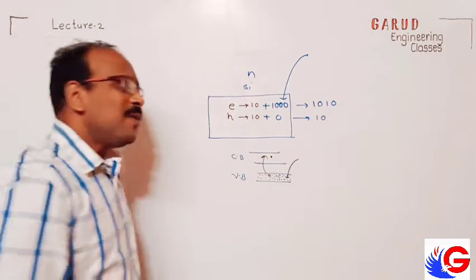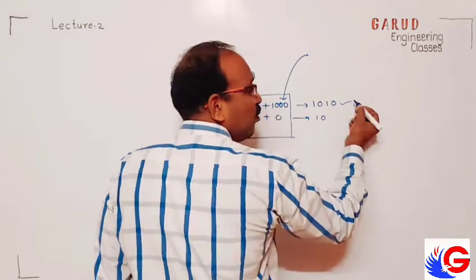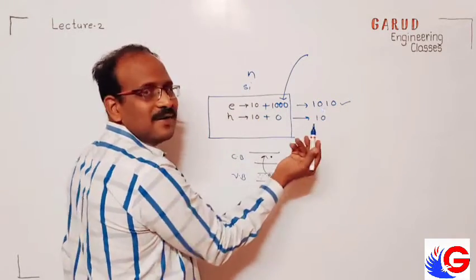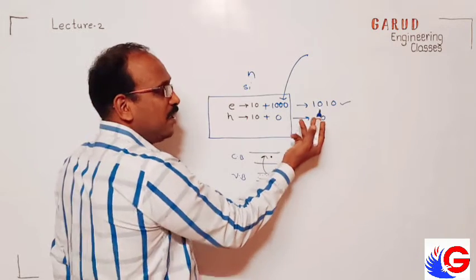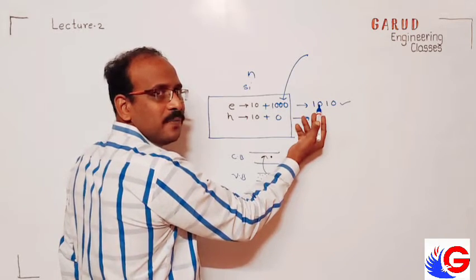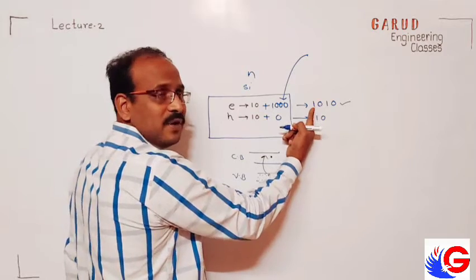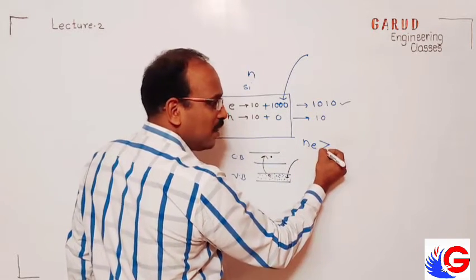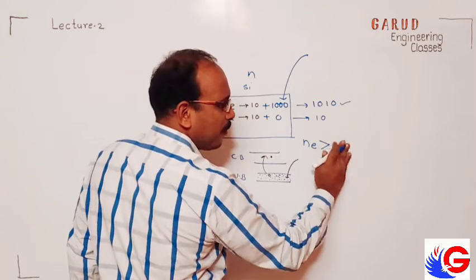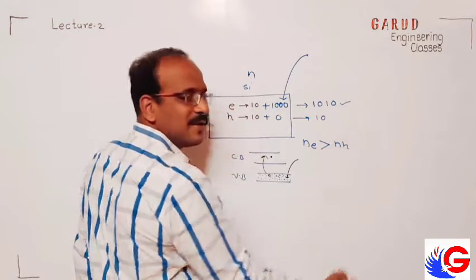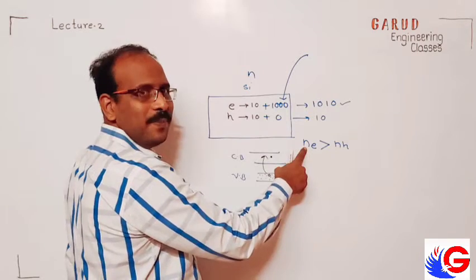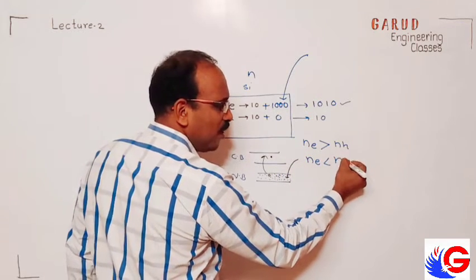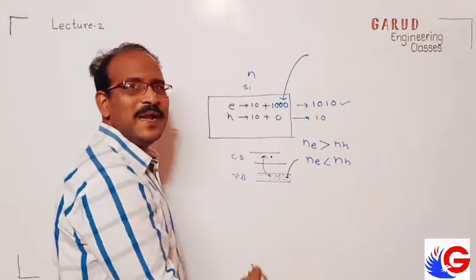Got it? So that means whenever there is a majority, who decides whether it's N type or P type? Carriers decide whether it's N type or P type. If the number of electrons is more than the number of holes, then it is N type, and if the number of electrons is less than the number of holes, then it is P type.